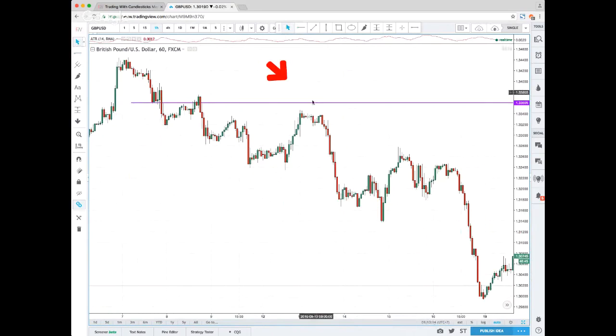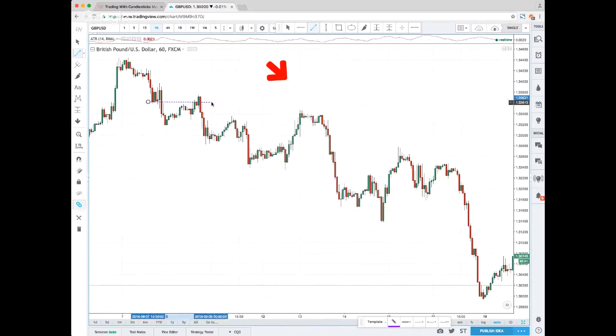Let me do it with the trend line. We got an SNR there. A lot of excess. We got an SNR there. This down here is excess. We got an SNR there. And then we got more SNRs there.